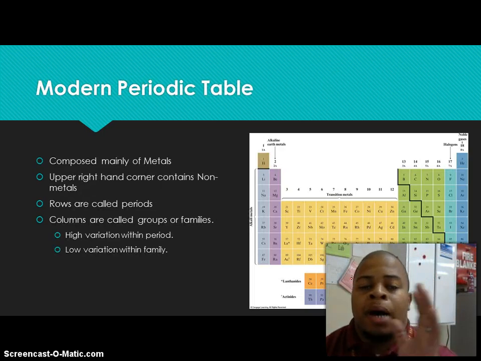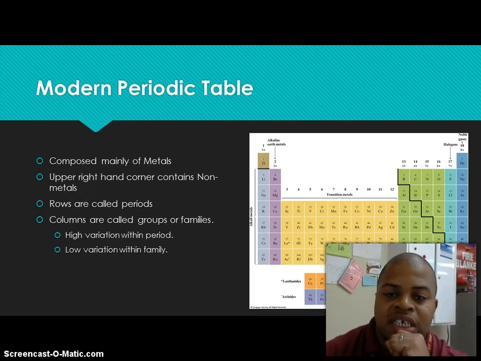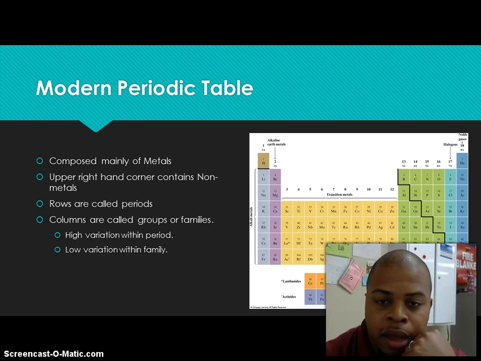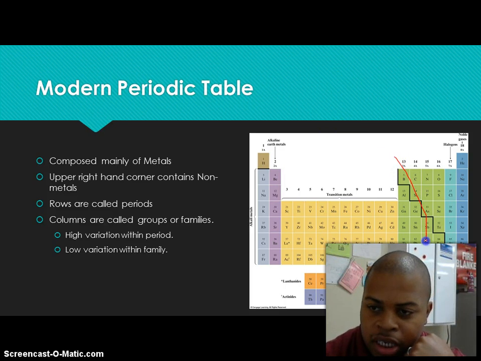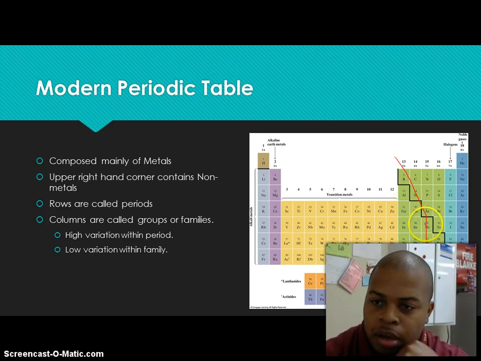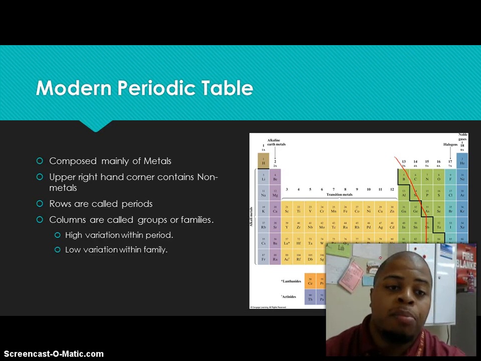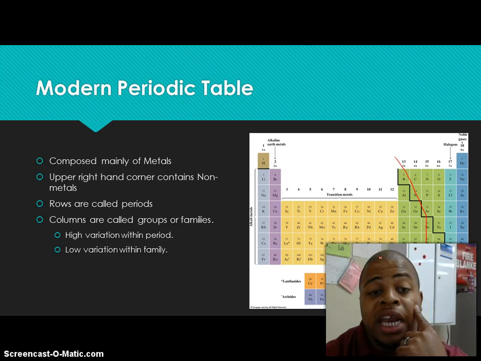Now, our modern periodic table, as you can see, is going to be composed of mainly metals. So if I'm looking over here, all the way up until I get to this point here, basically. Sorry, guys, I ran out of space. But basically until I get to that brick line, all the way back, that's going to be my metals. Now, the upper right-hand corner is going to be our nonmetals.